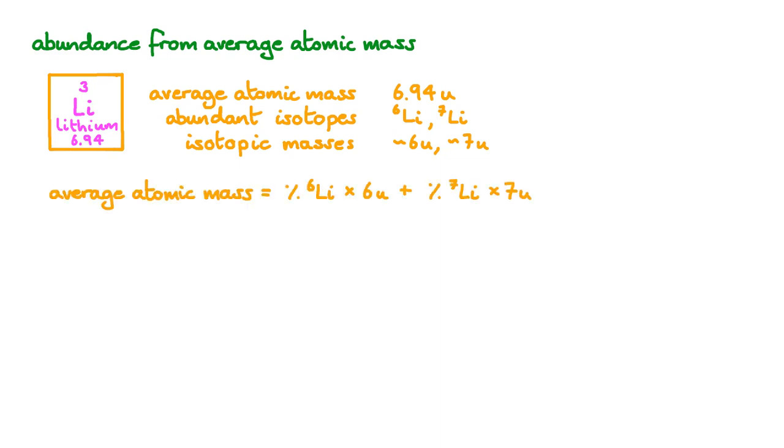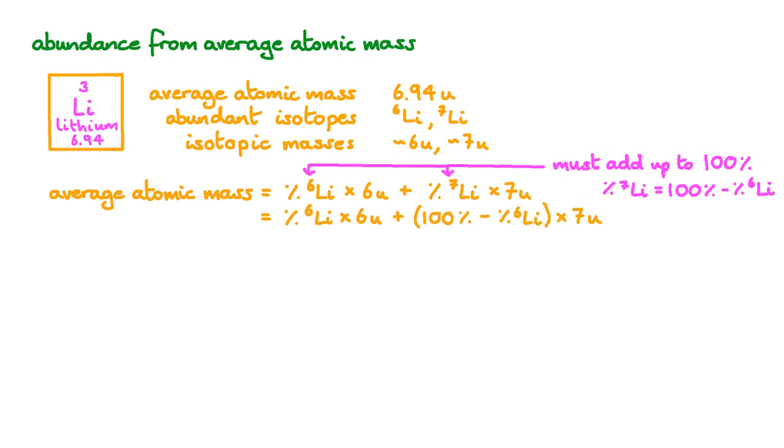We know that the average atomic mass of lithium must be equal to the percentage isotopic abundance of lithium-6 multiplied by 6 U plus the percentage isotopic abundance of lithium-7 multiplied by 7 U. All the percentage isotopic abundances must add up to 100%.